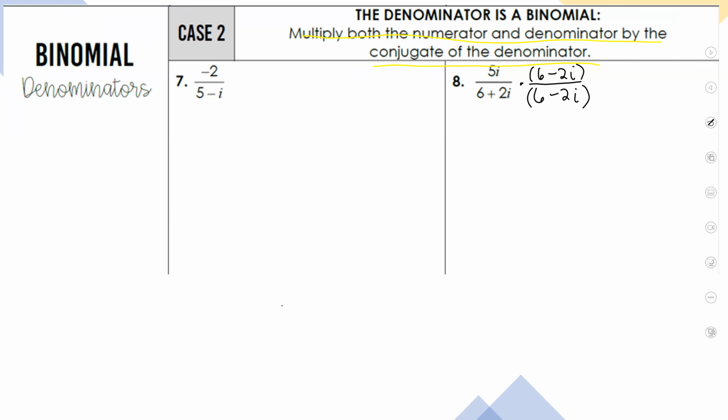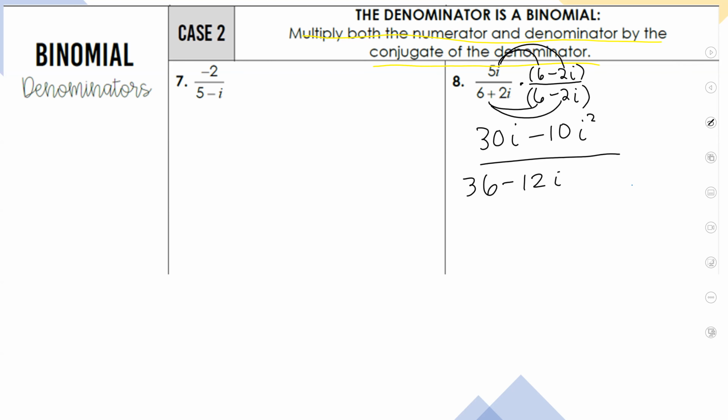Okay, so 5i times 6 is 30i. 5i times negative 2i is negative 10i squared. i times i is i squared. Then the denominator, 6 times 6 is 36. 6 times negative 2i is negative 12i.